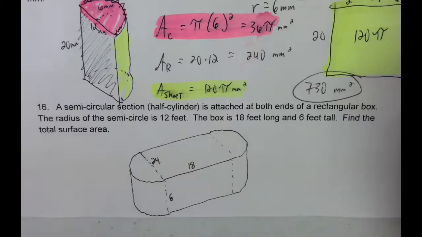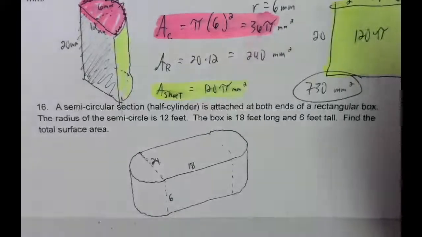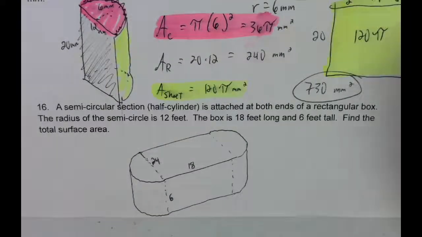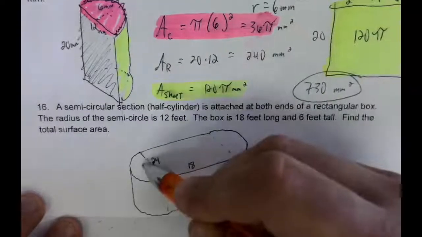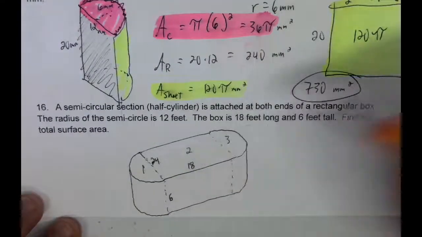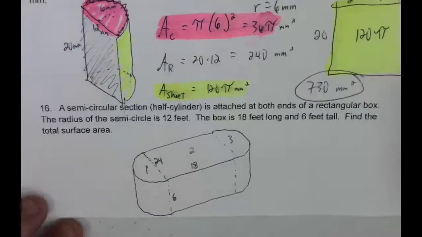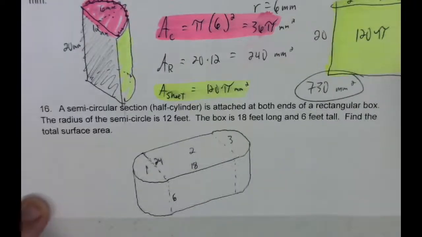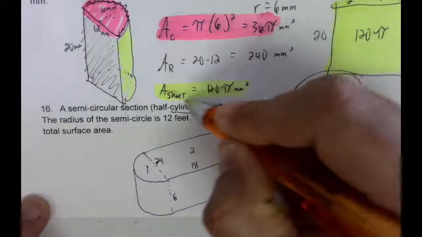So, in order to figure this out, we're going to have to do it in stages. I would advise you to simply break it up into 3 sections. 1, 2, 3. But, here's a great benefit. 1 and 3 will combine to make a whole cylinder.